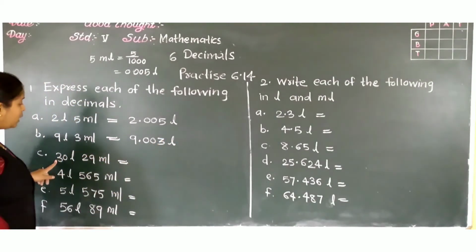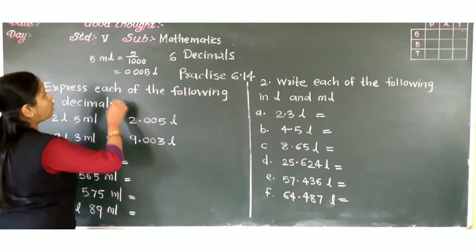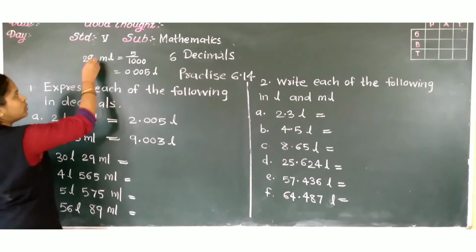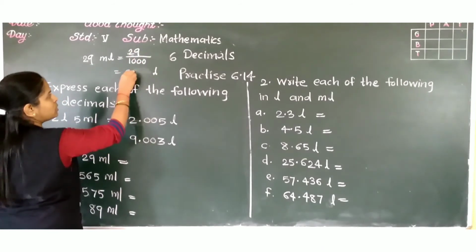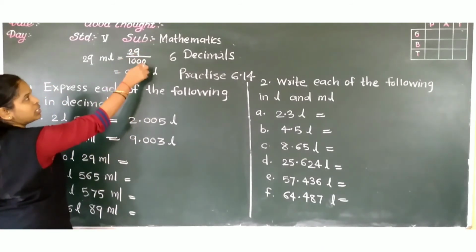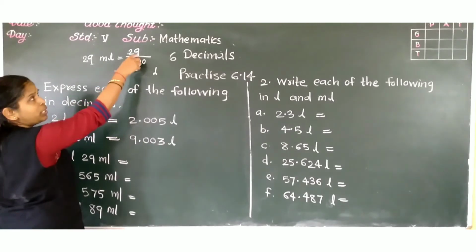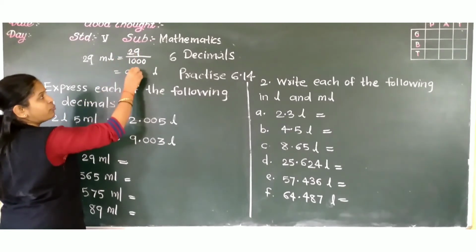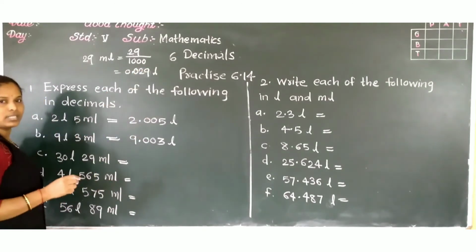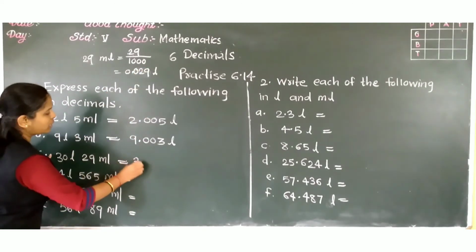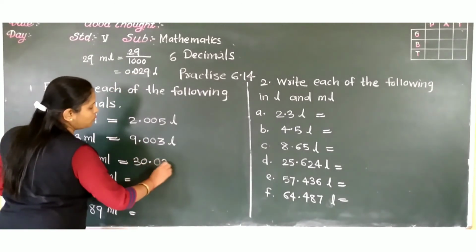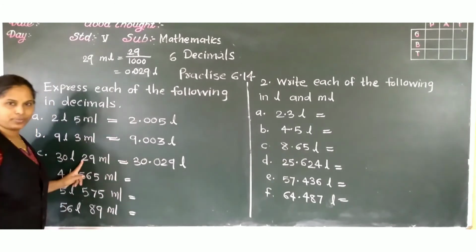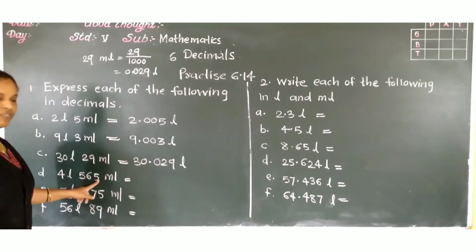Now here 30 liters 29 milliliter. Now 29 milliliter how will we show? 29 divided by 1000, that is 0 point, and here see, 3 digits are needed, here 2 digits, so before 29 write 0. So here how to write? 30.029 liters. Okay. Next 4 liter 565. Here already 3 digits are there.